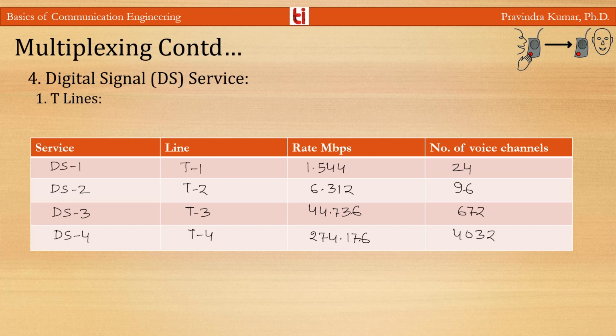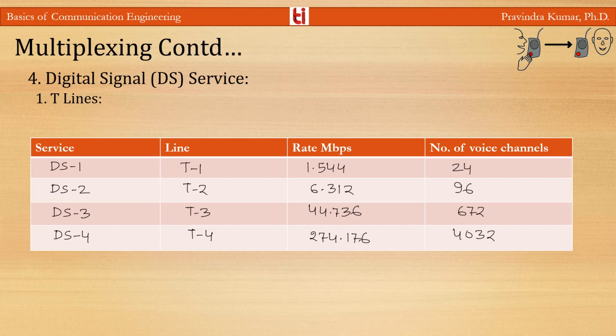And DS4 is implemented using the T4 line, and the rate in Mbps is 274.176, and the number of voice channels is 4032. So T1 lines implement DS1 services, T2 implements DS2 services, and so on.